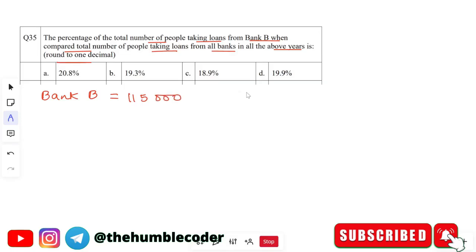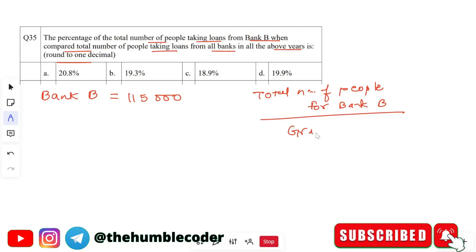Now in order to find the percentage, we take the total number of people taking loan from bank B, divided by the grand total for all the banks, and this will be multiplied by 100, which will give us the final answer.